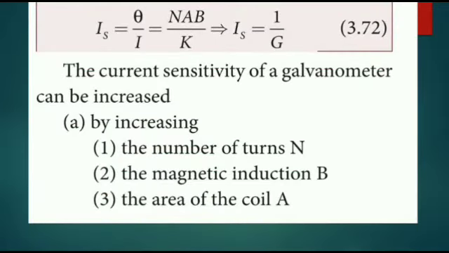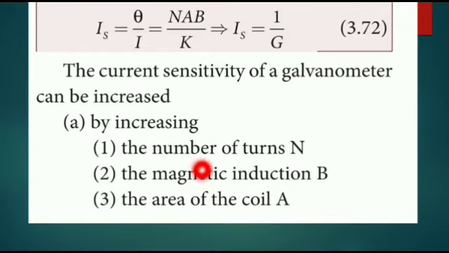Next, voltage sensitivity. Before that, the current sensitivity of the galvanometer is increased by the following factors. If you increase the number of turns, the sensitivity also increases. If you increase the magnetic field with the help of the size of the magnet, the sensitivity also increases.